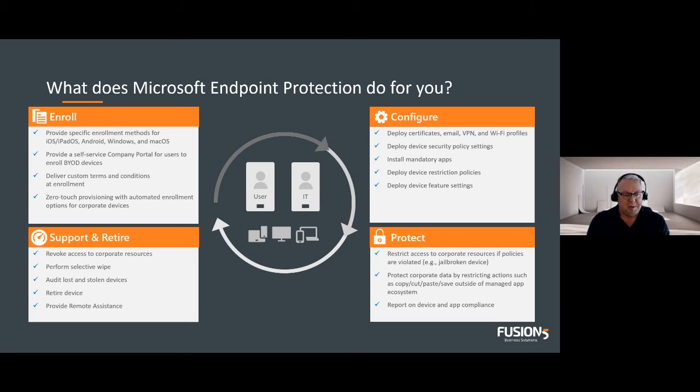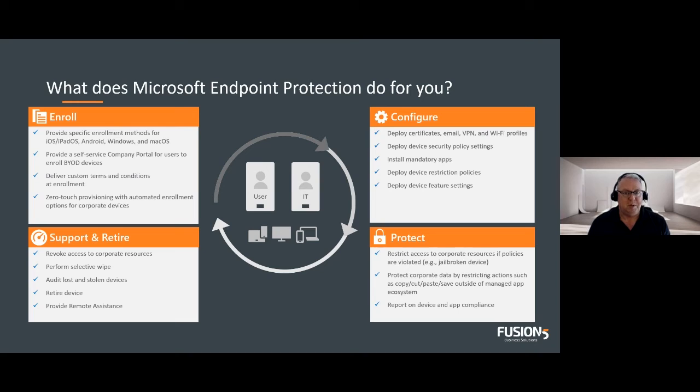From a report and retire perspective, one of the things with bringing your own devices or devices that are out in the field, especially from a remote worker perspective, remote office, many times those devices never go through a retirement phase and we just end up sweating the asset.